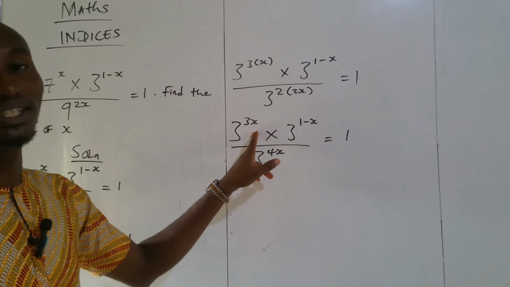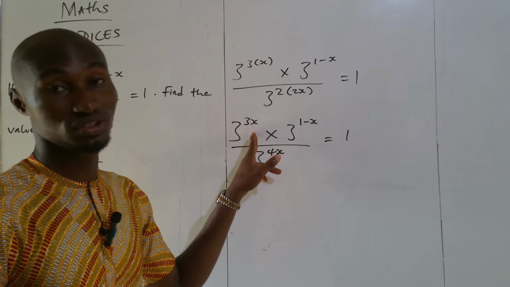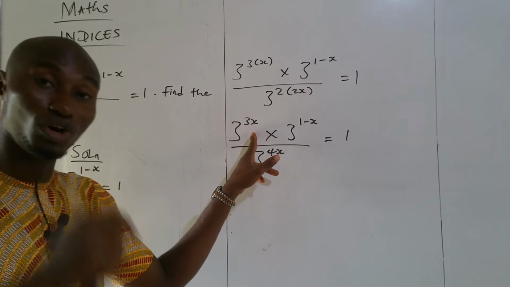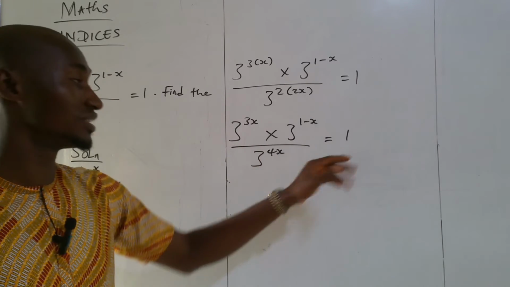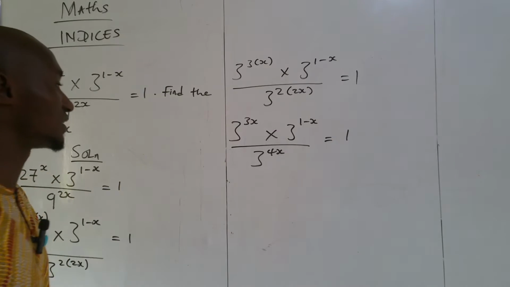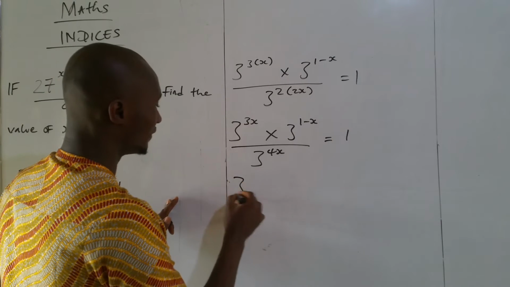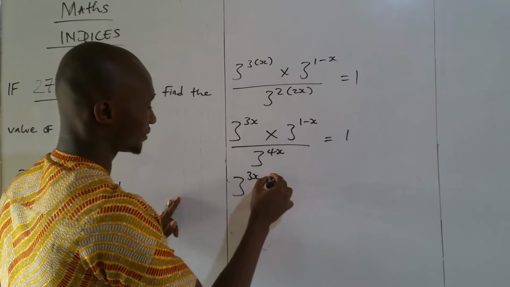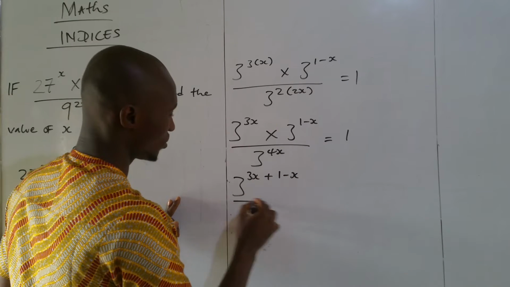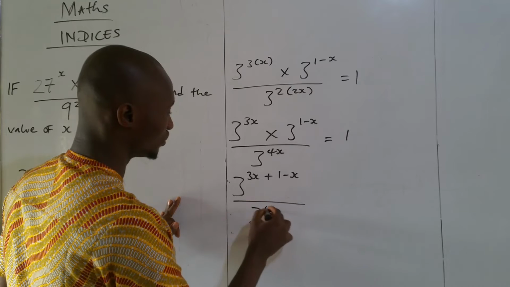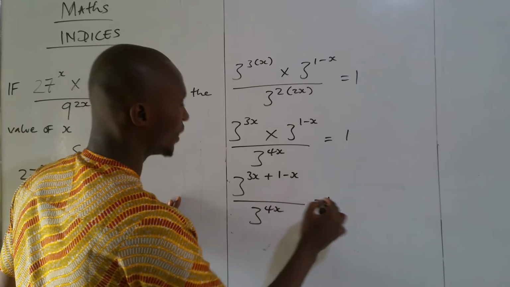Now, the first thing we need to do is to work on the numerator first, because on the numerator here, I'm seeing the product law, which is the multiplication law. Nothing happens inside that, though there is a division law here. So let's start. 3 raised to the power 3x plus 1 minus x all over 3 raised to the power 4x equals 1.